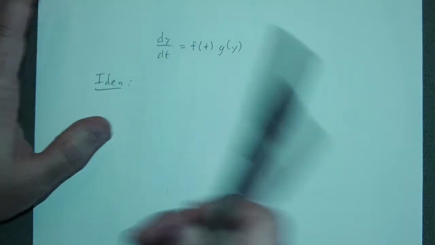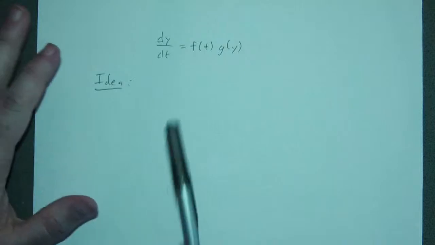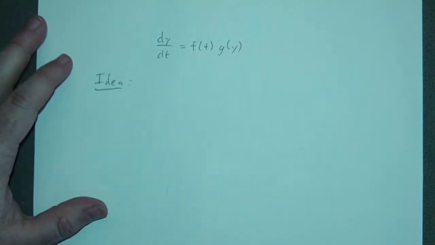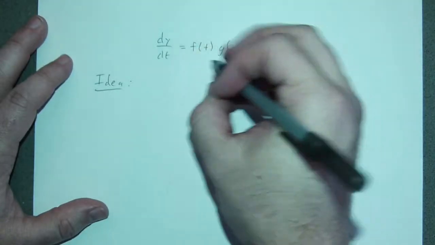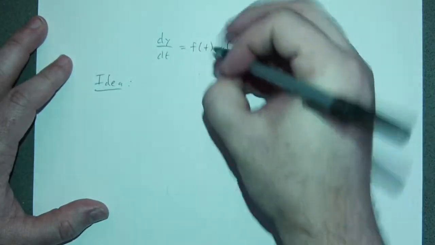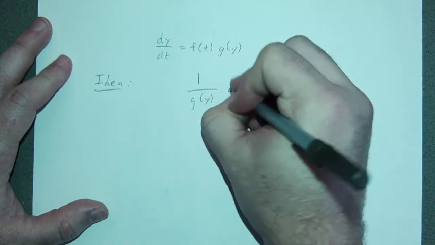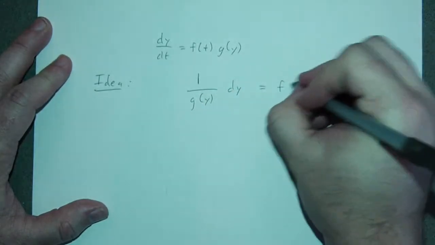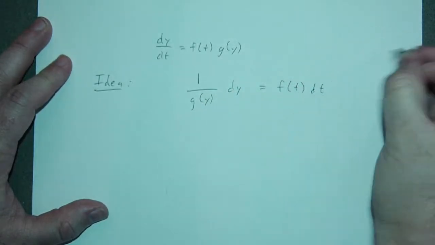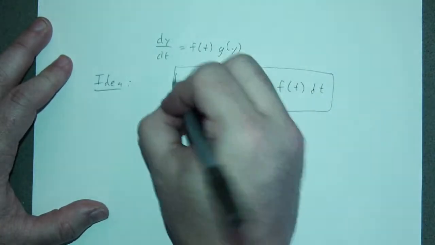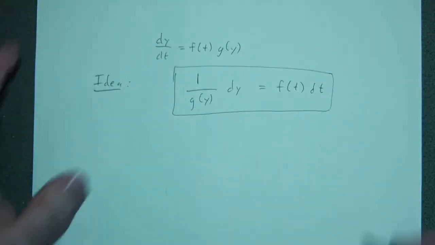So I'm going to clear denominators by multiplying both sides by dt and dividing both sides by g of y. What I get is the following: 1 over g of y times dy is equal to f of t times dt. This is known as separated form.